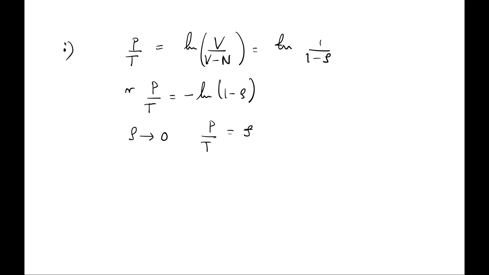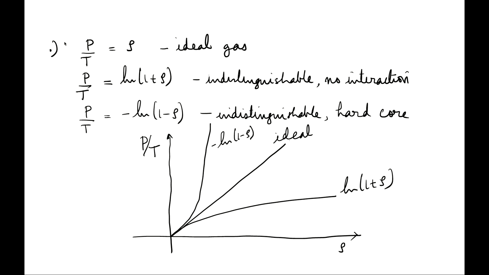Okay. So let us look at all the 3 equations we derived. P by T is rho, this is my ideal gas. P by T is log 1 plus rho, indistinguishable, no interaction. P by T is minus log 1 minus rho, indistinguishable, hardcore. The log 1 plus rho has to come below.